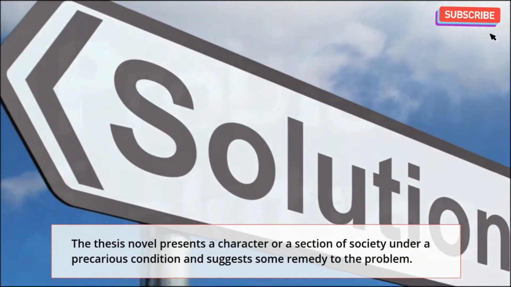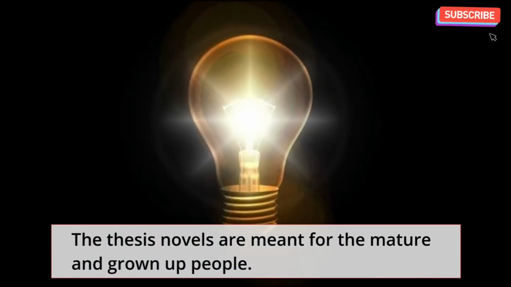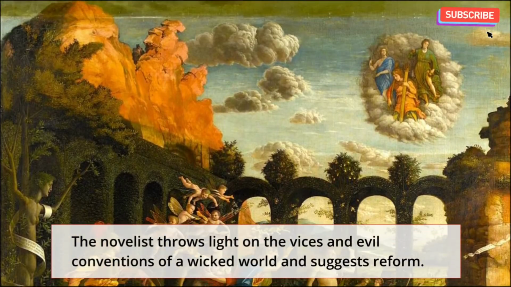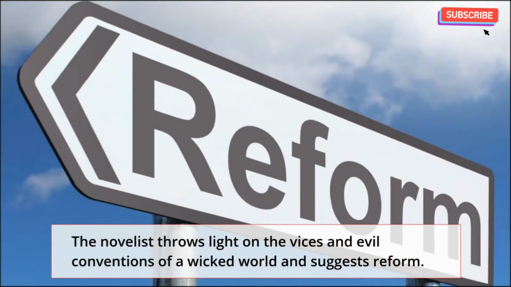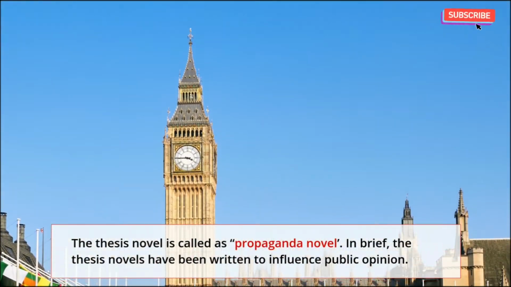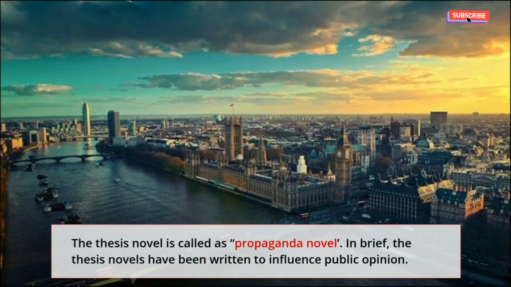The thesis novels are meant for mature and grown-up people. The novelist throws light on the vices and evil conventions of a wicked world and suggests reform. The thesis novel is called a propaganda novel. In brief, thesis novels have been written to influence public opinion.